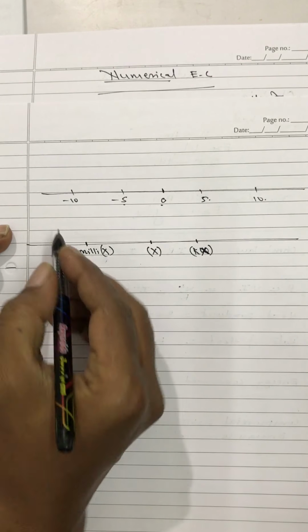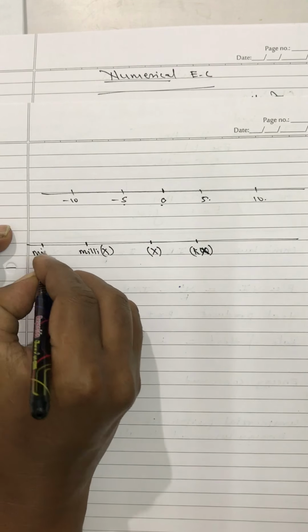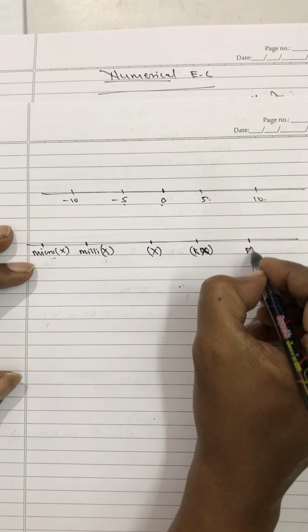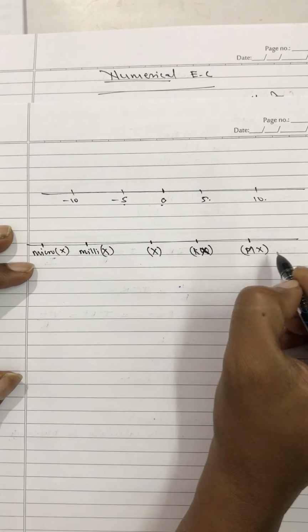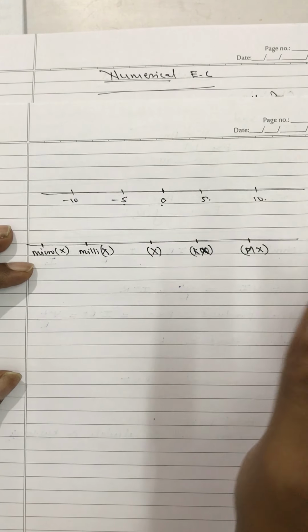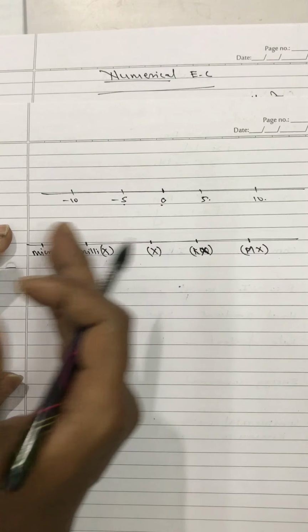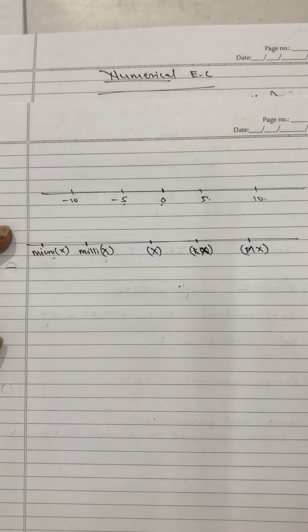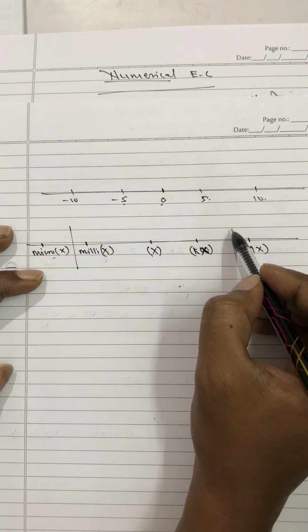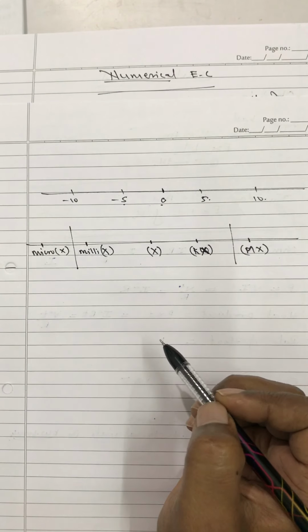Of course, here we have micro also, and here we will have mega also. This will go on: mega, giga, tera, milli, micro, nano, pico. But for your sake, from milli till kilo is more than sufficient.